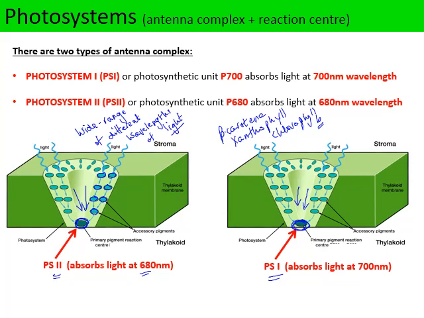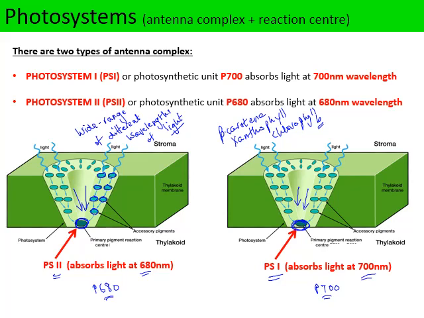But the chlorophyll A in PS1, over on the right hand side, absorbs blue light but red light at 700 nanometers. So we call the reaction center of photosystem 2 P680, and we call the reaction center of photosystem 1 P700.